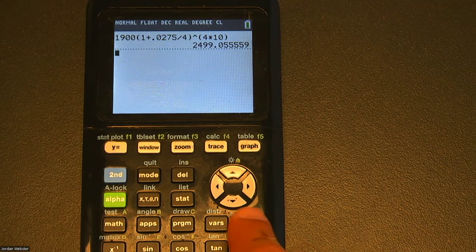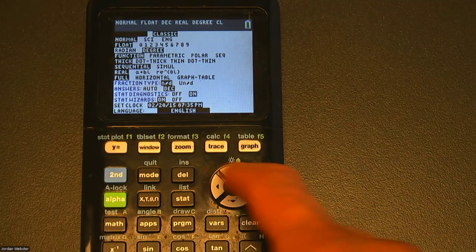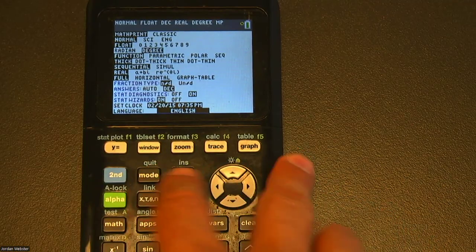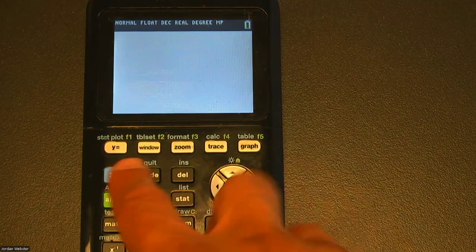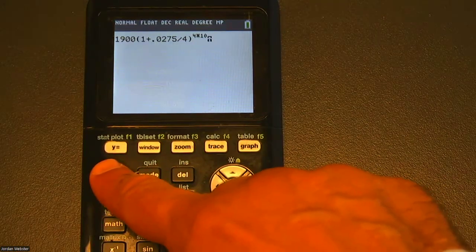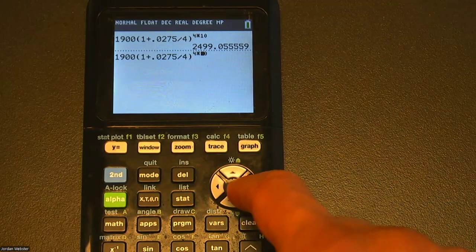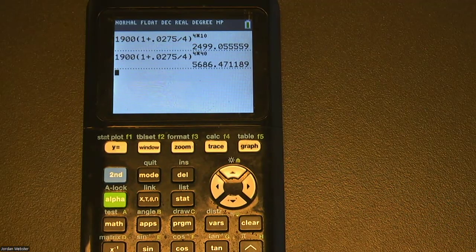So that's what we're doing. Again, if you have math print, it's a little bit easier because everything that looks like an exponent becomes an exponent. So in this case, I don't have to worry about parentheses because it's inset inside the exponent.